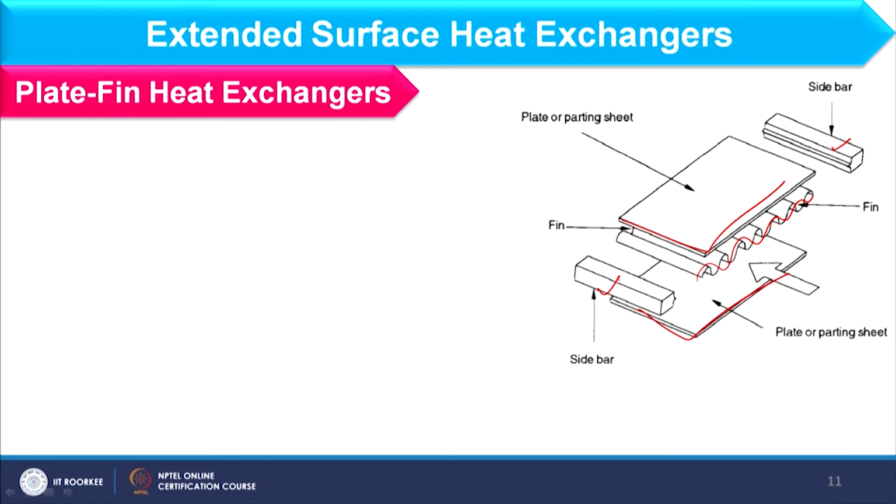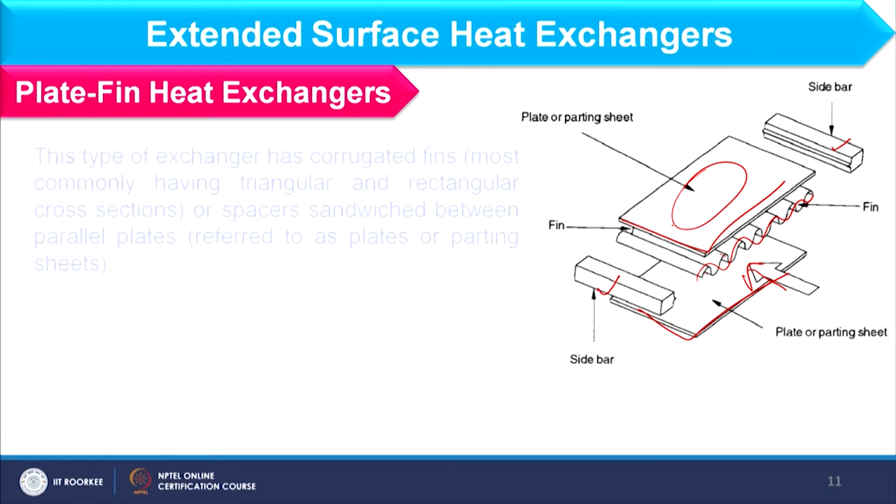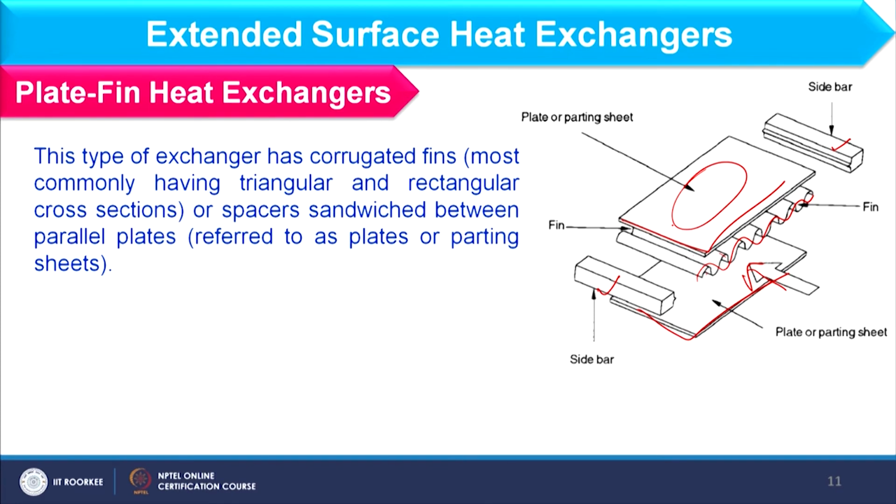Inside this fin we have one fluid, and another fluid would be over the plate. So this is basically the plate fin heat exchanger. This type of exchanger has corrugated fins or spacers which are sandwiched between parallel plates, as we have just discussed.